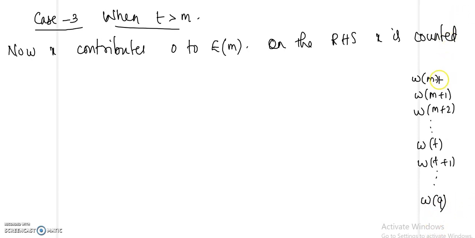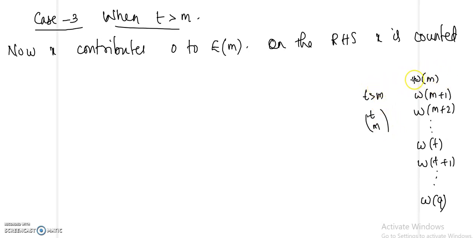Now here you have t greater than m. So from t you can pick m properties at a time. So x will be counted there. So this is tCm. Take all possible m combinations from t. For all those m combinations, x satisfies that many properties at a time.